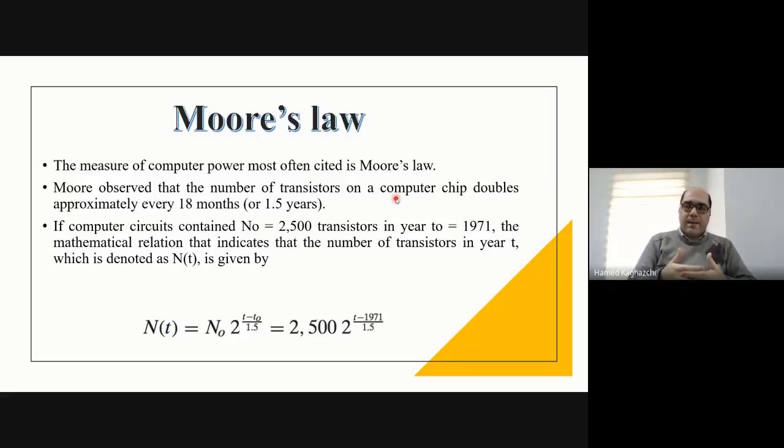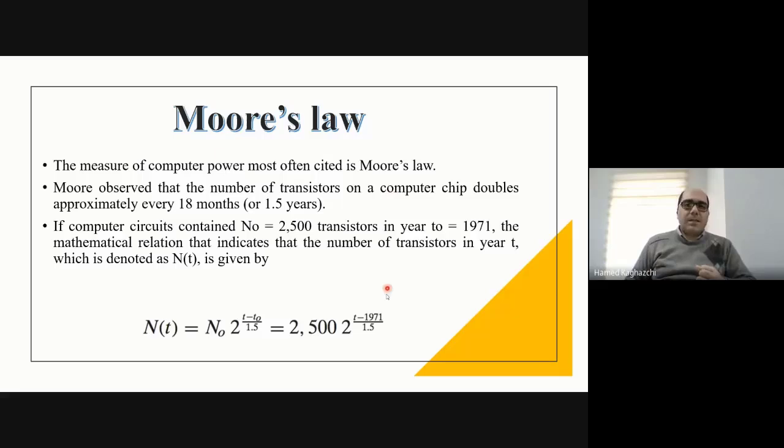After approximately 2 years, for example in 1973, he observed that the number of transistors doubled to 5,000.